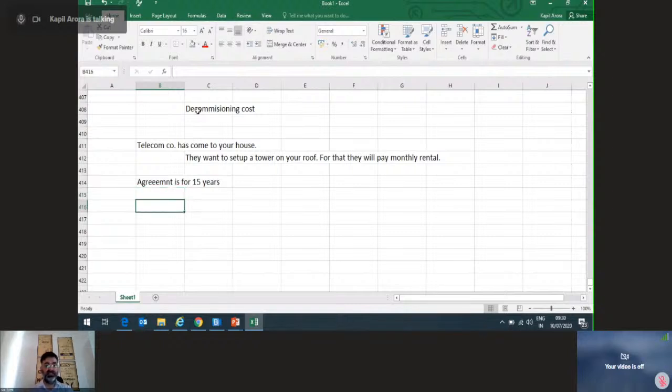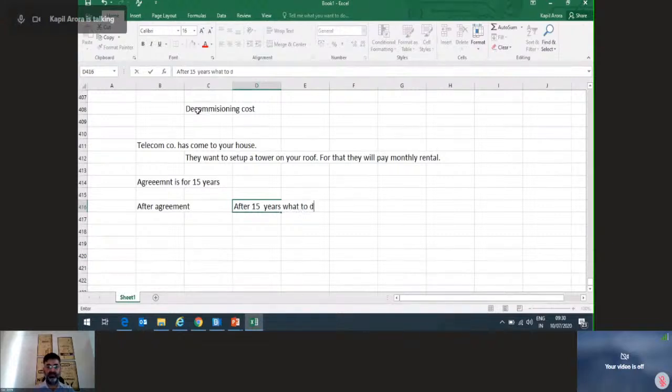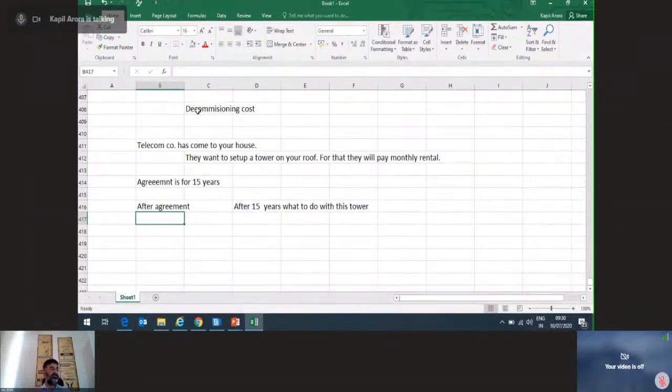But as per the agreement, after 15 years, what to do with the tower? What are we going to do if the tower is there?